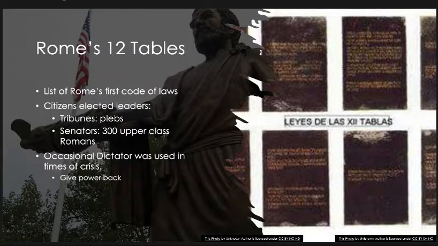When that would happen, the patricians would choose one among themselves to be an absolute dictator, temporarily. And then, once the crisis was over, they were supposed to give the power back. And they did that over several occasions in history.